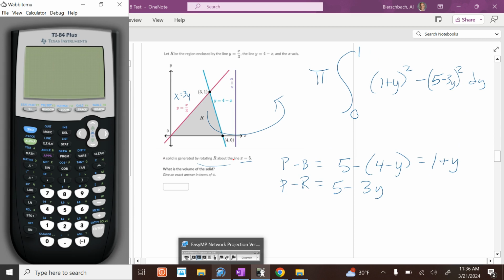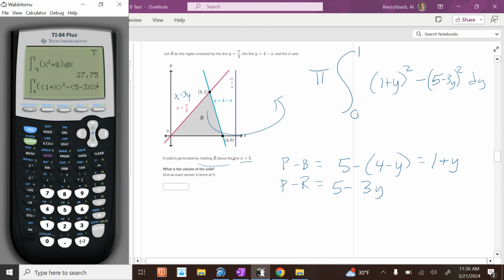If I put them in quick: second quit, math 9 from 0 to 1, I have 1 plus y, quantity squared, minus parentheses 5 minus 3y, quantity squared, dy.